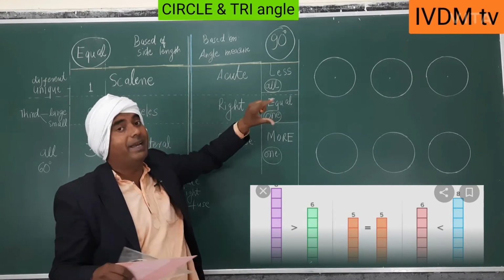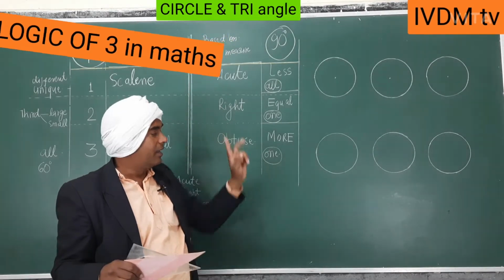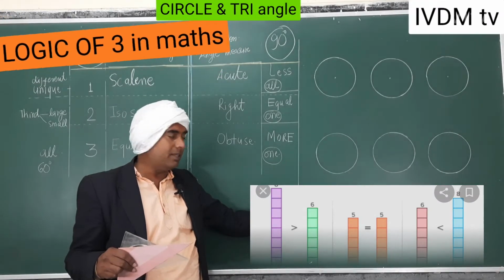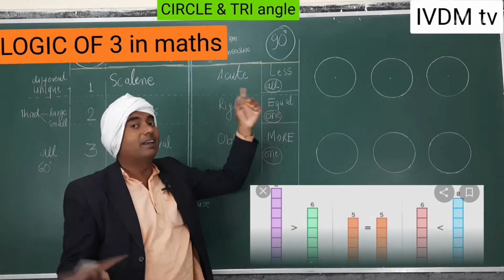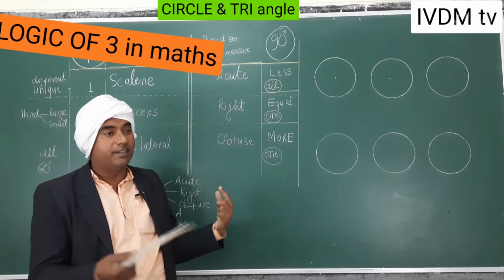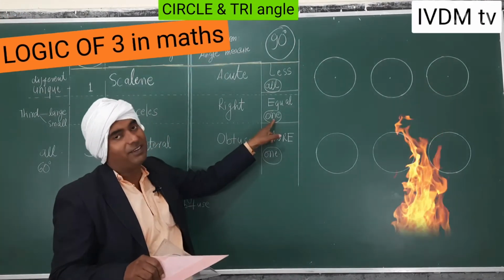Equal runs means match tie. So only three possibilities are there. Either we will win, or we will lose the cricket match, or the match will be tie. Then again, some 4 to 5 balls are given to decide who is the winner.